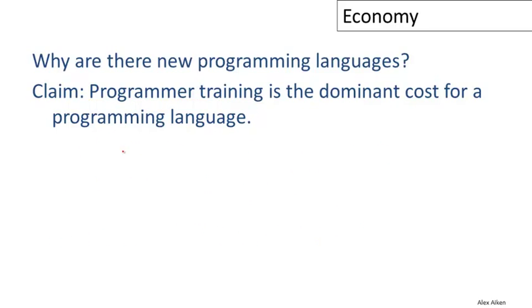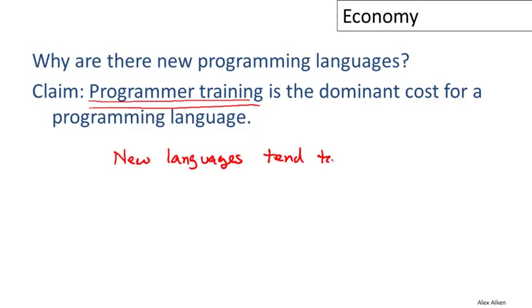I just want to point out another prediction that can be made from this one observation, that programmer training, again I'll underline that, is the dominant cost for a programming language. And that is that new languages tend to look like old languages.